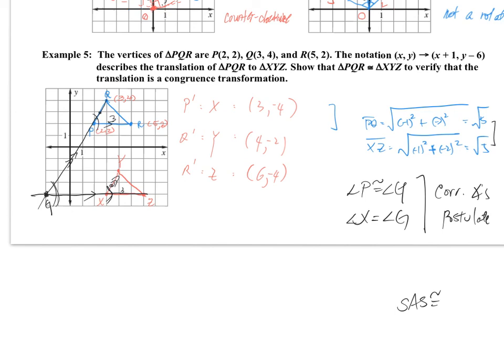And then therefore, angle X is congruent to angle P by the transitive property. Hence, by SAS congruence, these two triangles are congruent. So side PQ is congruent to side XY, angle P is congruent to angle X, and side PR is congruent to side XZ. So we have SAS.